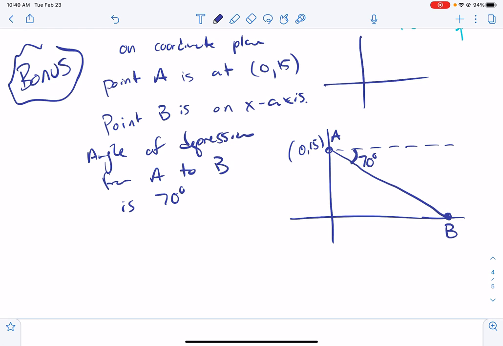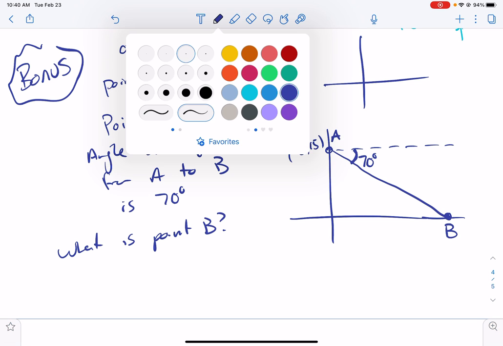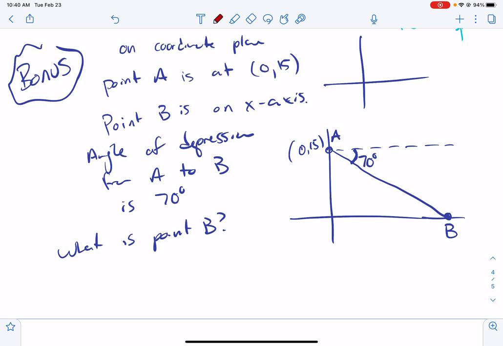Okay. And then let's ask you a question. What is point B? If I want to know what's the point B. All right, so again, we have a couple of different triangles that we can draw. I see this one right here, and let's go straight down to B so that we make a 90-degree angle right here.